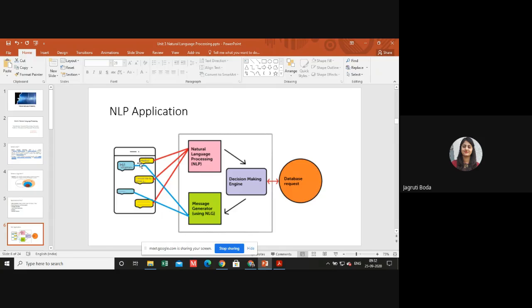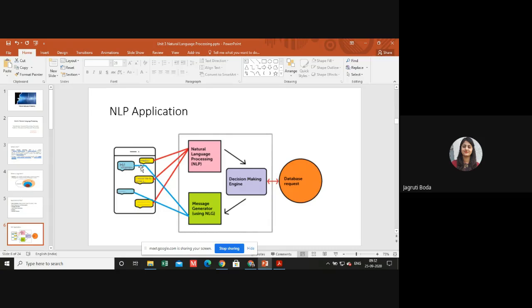Suppose you write hello, then natural language processing understands the meaning, and then it takes a decision using the database. The database contains the answers to your questions. So NLP understands the meaning and then provides a message. The message generator, or natural language generator, provides the answer. Suppose you write in text form, then it provides the answer in text form.